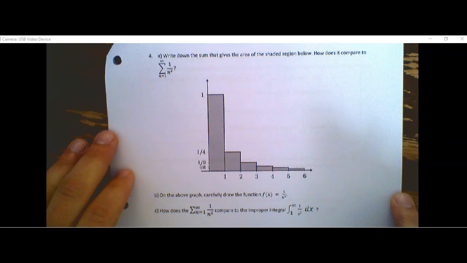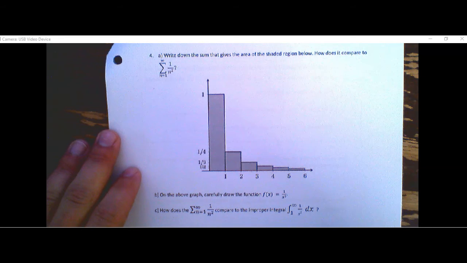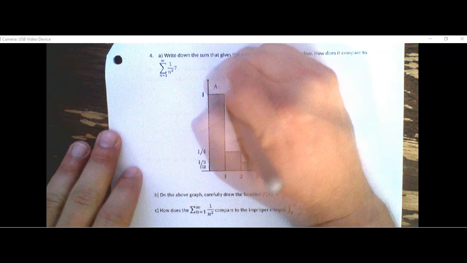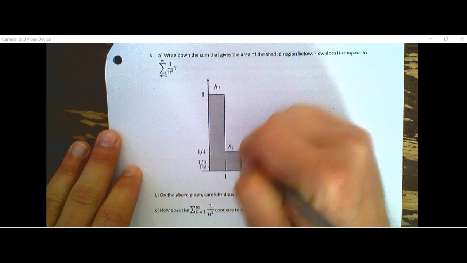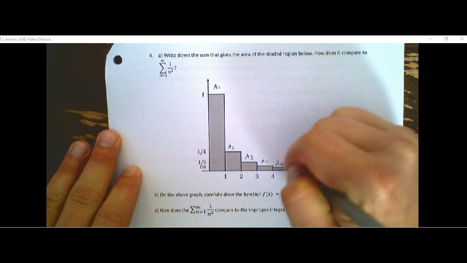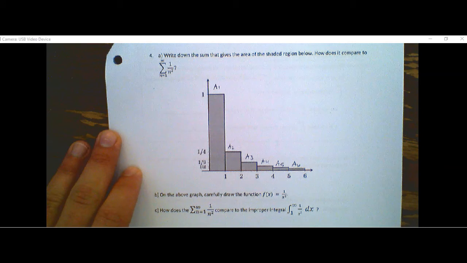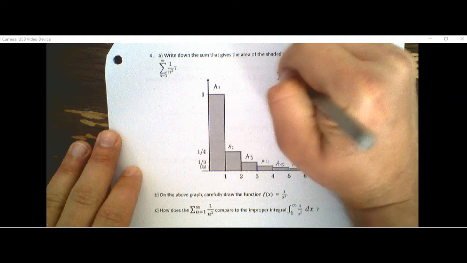Alright, so it says write down the sum that gives the area of the shaded region below. How does it compare to sigma 1 over n squared? Well, let's look. Here's A1, A2, A3, A4, A5, A6. Alright, so the sum of all these areas.